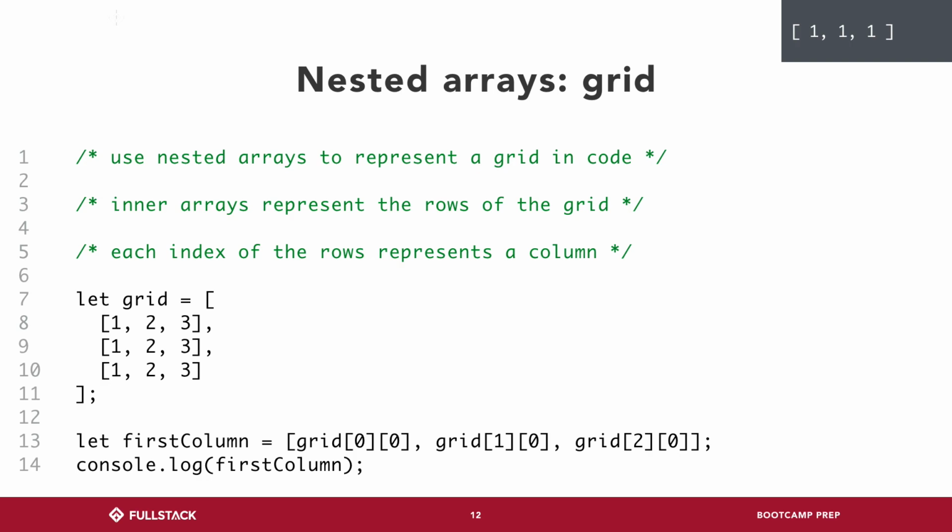Yeah. So a grid that represents 9 cells, or 3 rows and 3 columns. So say you had this grid, but then you had another nested array that had 9 of these grids. Then you have a triple nested array.